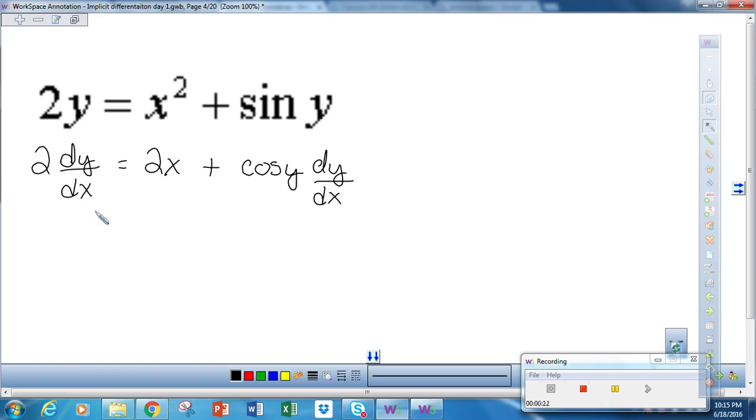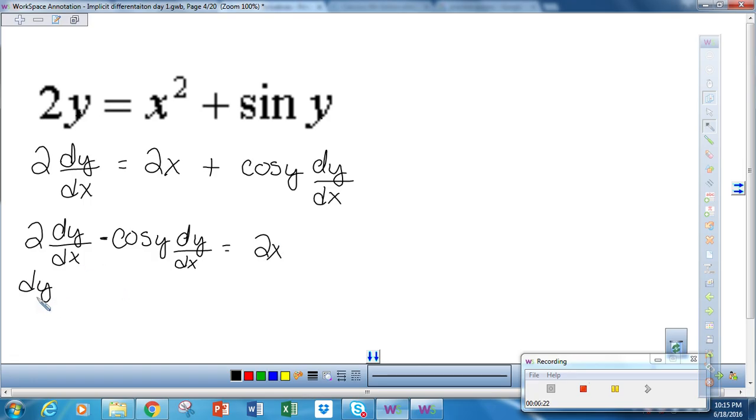Now what we want to do is get all the dy/dx's on one side. So I have 2 dy/dx minus cosine y times dy/dx, and that's equal to 2x. I'm going to factor out the dy/dx. So I get (2 minus cosine y) dy/dx is equal to 2x.